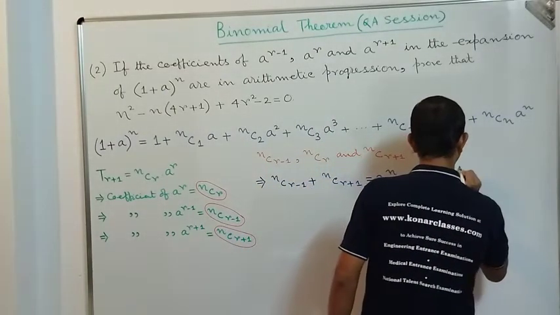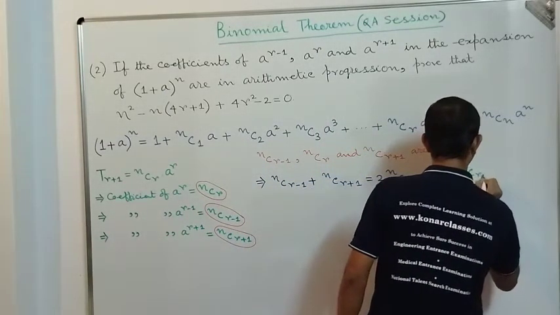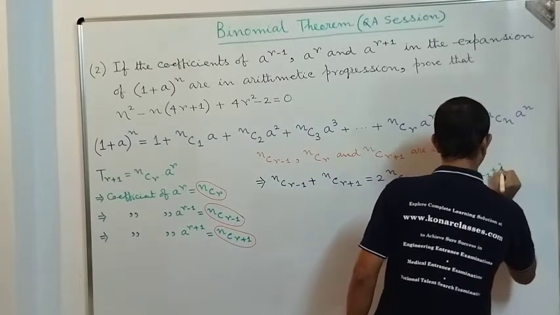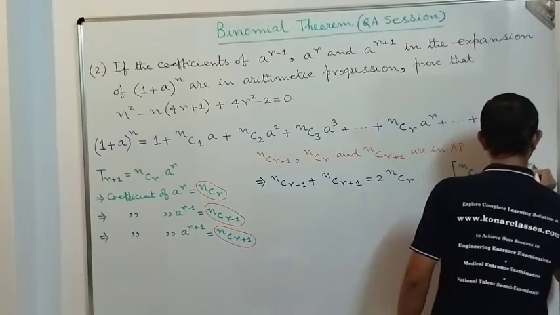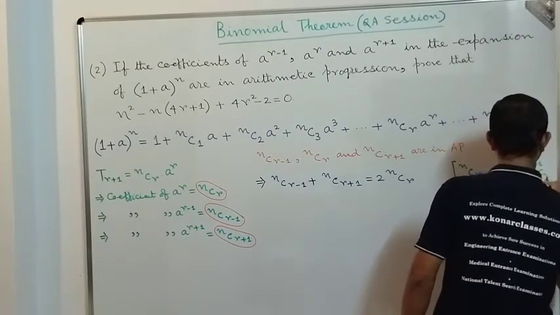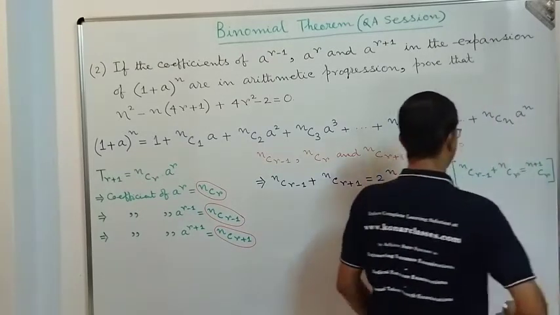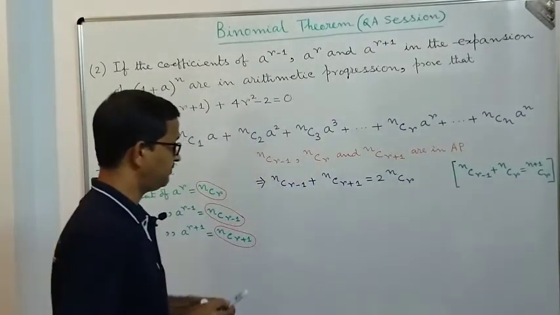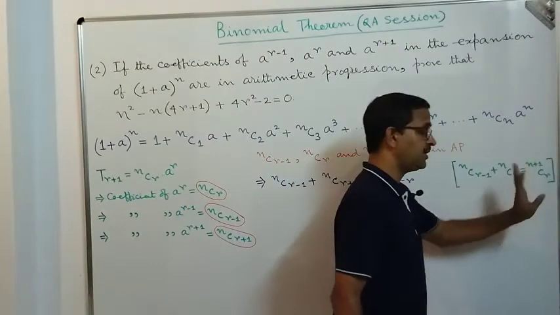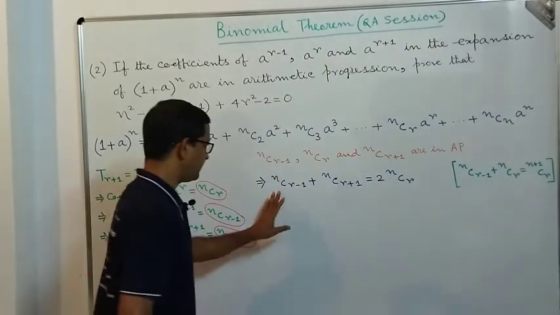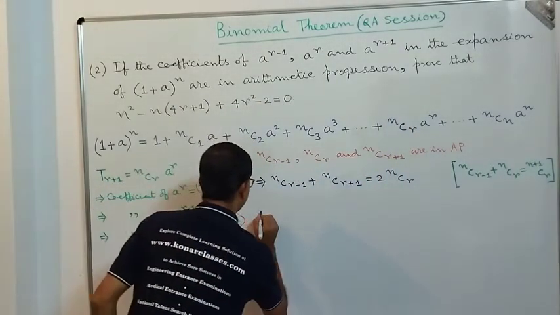The formula is, if you recall, ncr minus 1 plus ncr is equal to n plus 1 cr. I repeat, ncr minus 1 plus ncr is equal to n plus 1 cr. So we can apply here. So how can we apply here, dear students?